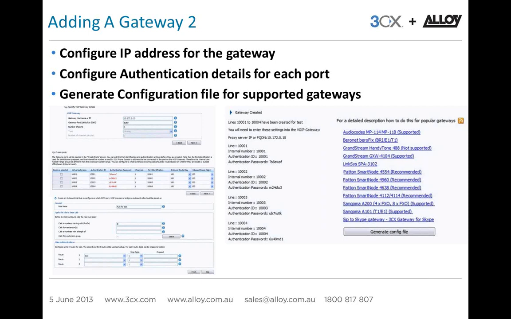It's just a config file that is uploaded into the Patton gateway. Once we know the IP address of the Patton gateway, we open it up on a browser and select to upload this configuration into the Patton, and done. If we can go to the next slide, please.